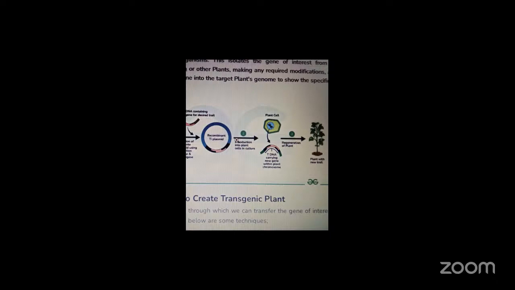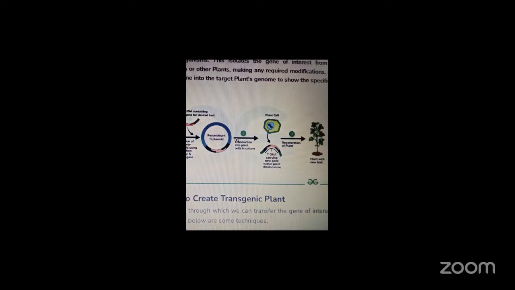This is a very complicated technique to create the transgenic plant, which allows the direct insertion of foreign DNA into the plant cell nucleus. So with the help of microinjection, the required gene material is directly shifted to the target plant.